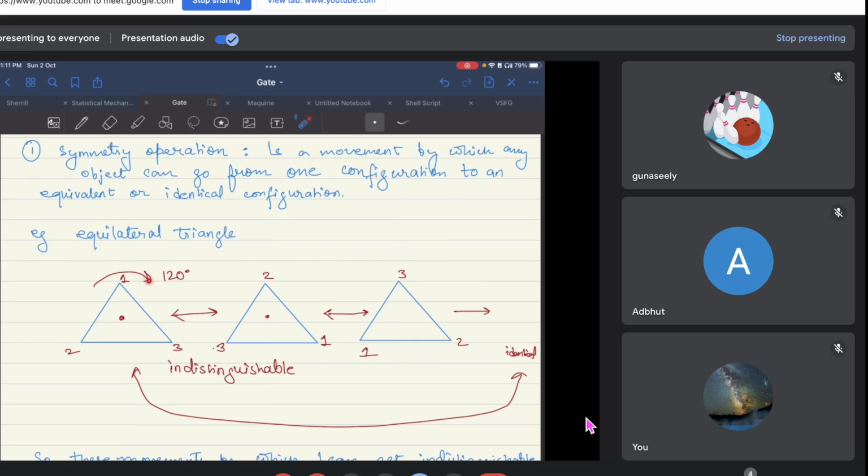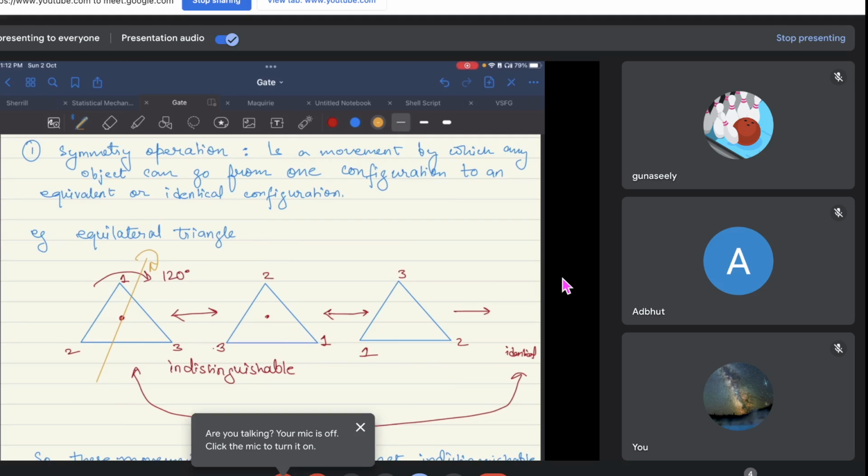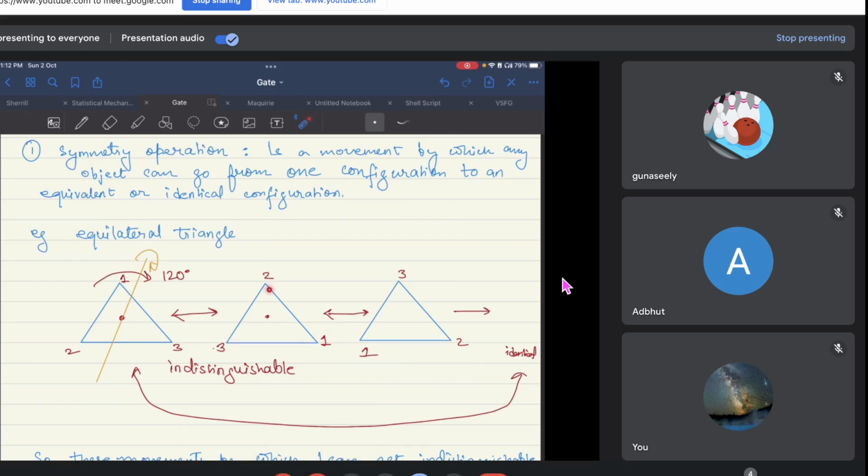So if I am rotating my equilateral triangle such that this is the axis of rotation and we are doing a 120-degree rotation, in such a way that this point 1 will come to the point where 3 was. Okay, so this will be 1, 3, 2 now.